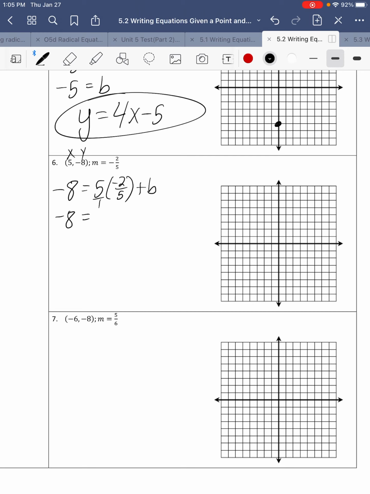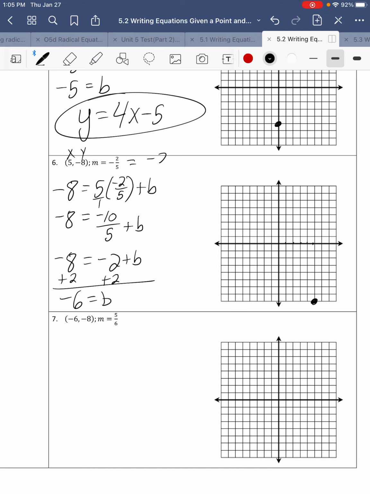Oh, I did those backwards, but it's all right. Those should be switched around. So it's -10 over 5 plus b. -10 over 5 is -2 plus b. Add 2. -6 equals b. If you did this on the graph, 1, 2, 3, 4, 5, -8.